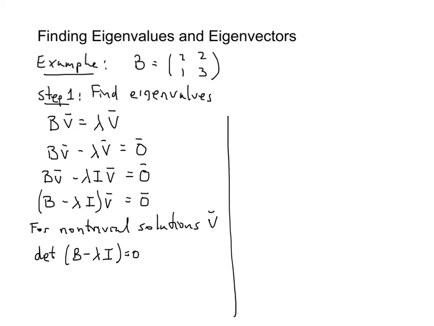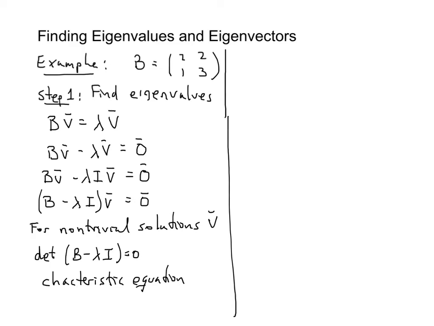This is called the characteristic equation, and it leads to what we'll be calling the characteristic polynomial. So I'm going to make my line a little bigger. I want to keep this all on one side.